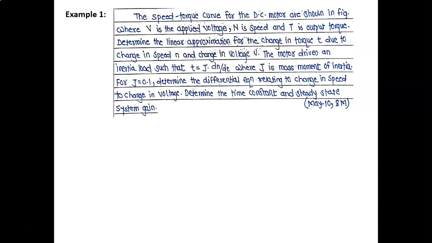The motor drives an inertia load such that small t is equal to J dN by dt, where J is the mass moment of inertia. For J equal to 0.1, determine the differential equation relating change in speed to change in voltage. Determine the time constant and steady state system gain. Therefore, this is our example.